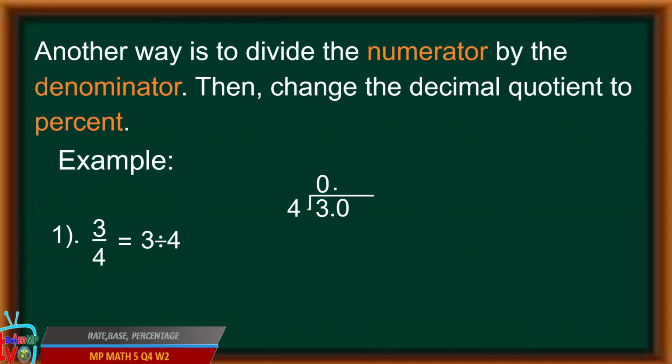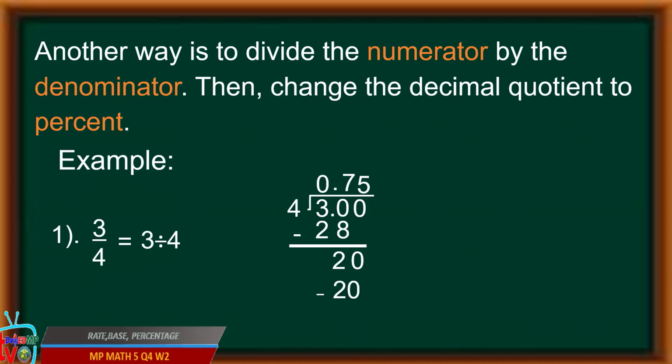Then proceed to division. So we can divide 30 by 4. We have 7. 7 times 4 is 28. 30 minus 28 is 2. Let's add another cipher. Then bring down the 0. So we have 20 divided by 4 is 5. 5 times 4 is 20.